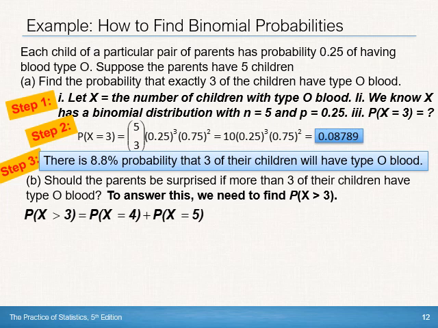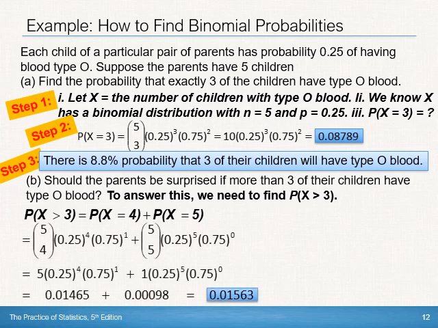And "or" generally means we're going to add, so we're going to add those up. The probability that X would equal 4 plus the probability that X would equal 5 is another way of saying the probability that X is greater than 3. So we have to do both of these calculations. You can see now it's getting pretty tedious.